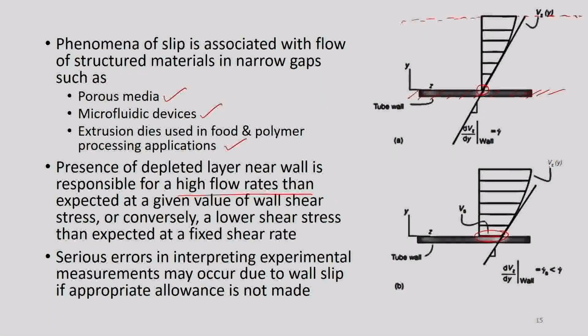Because of this high velocity, the molecules at the wall of the capillary are moving at a much faster rate compared to the previous case with no slip velocity, and so the shear rate you calculate under these conditions will be very much smaller compared to the shear rate when you assume no slip conditions.